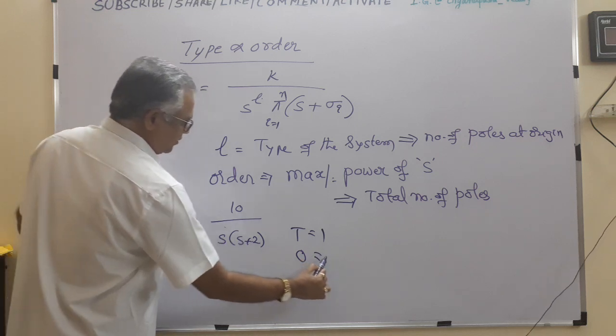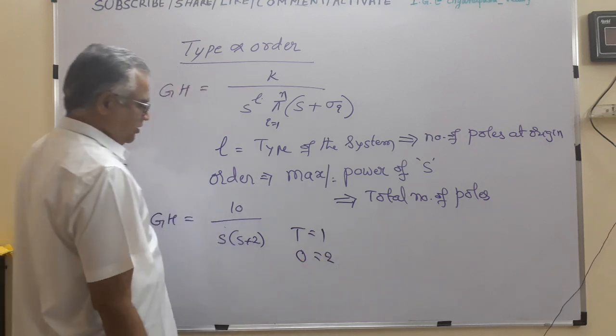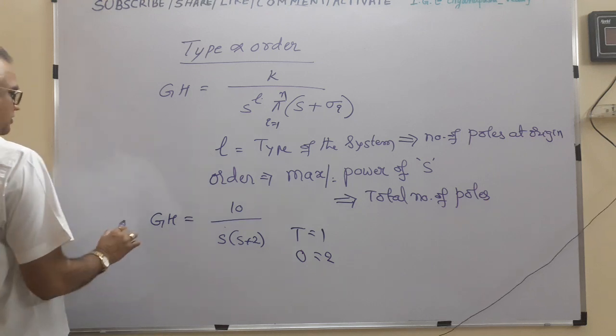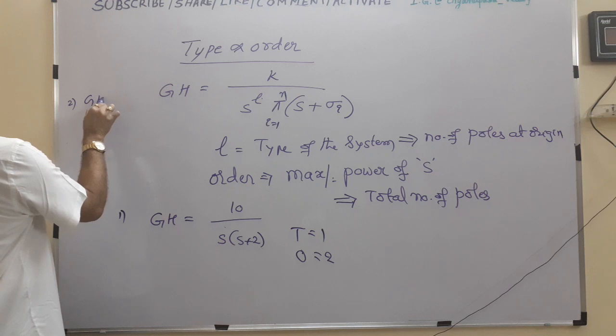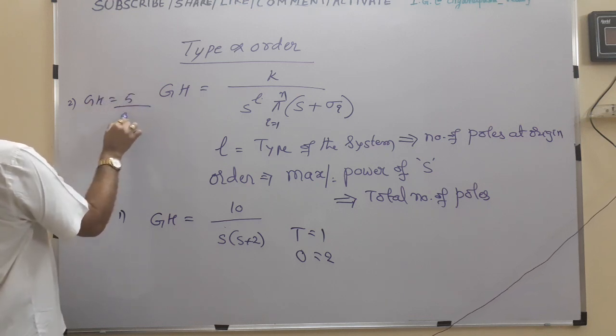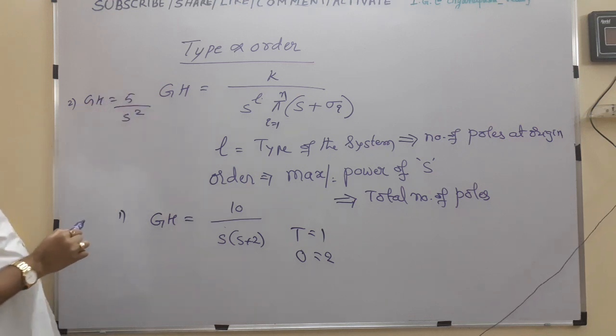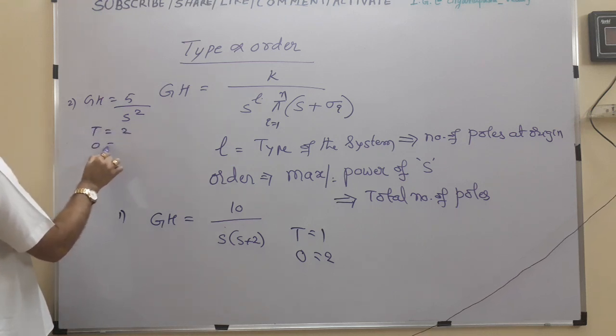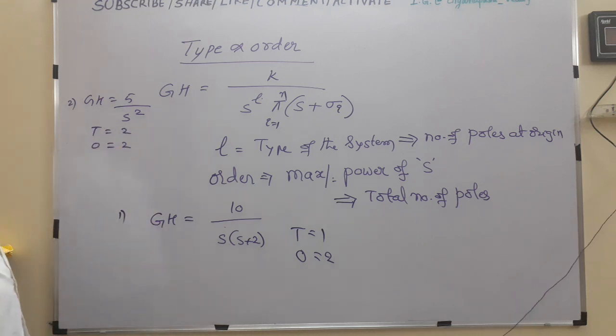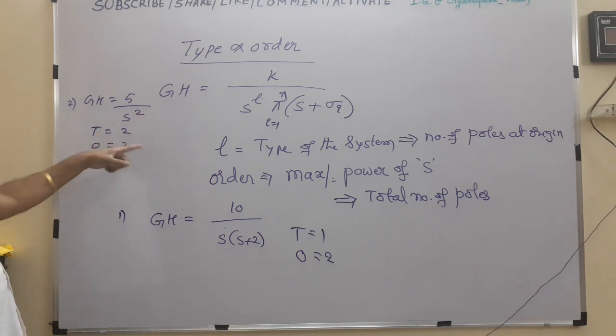Maximum power of s, so order 2. Example 2: GH is 5 by s square. Type 2, order also 2.